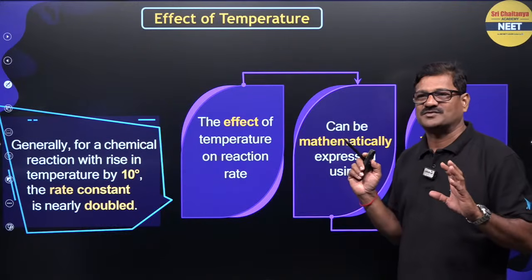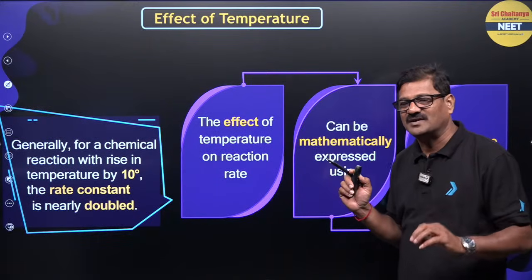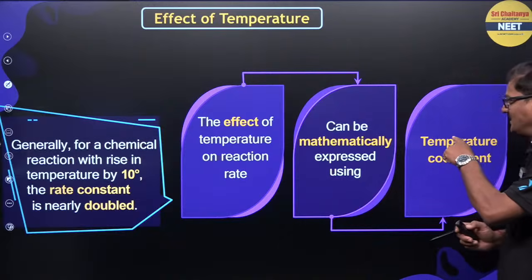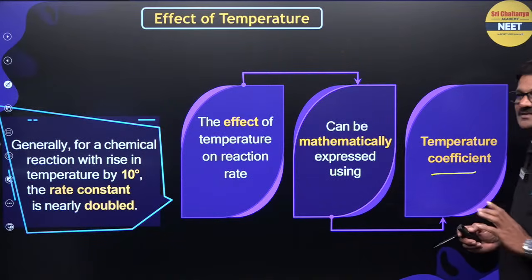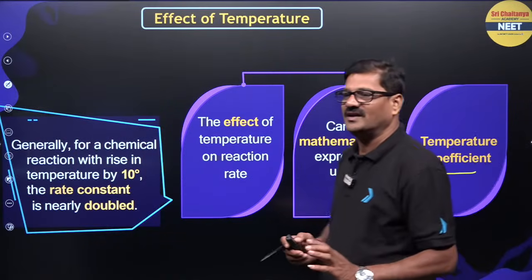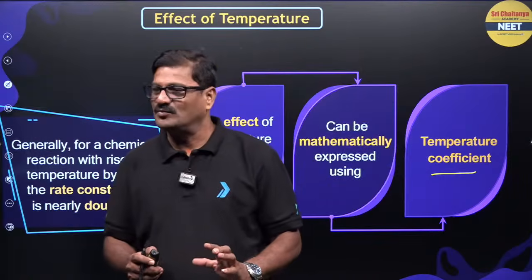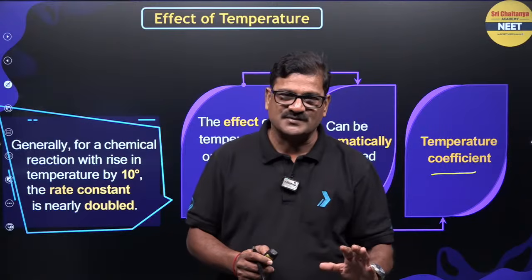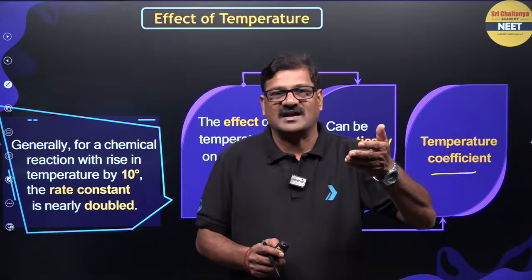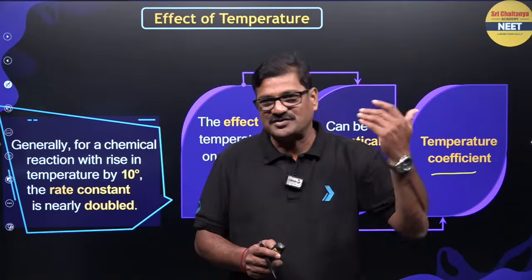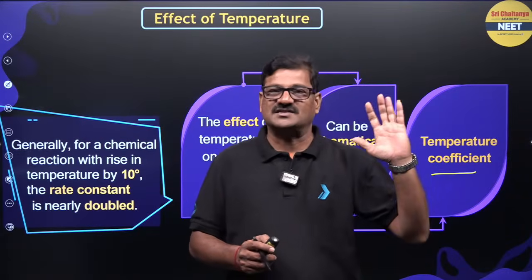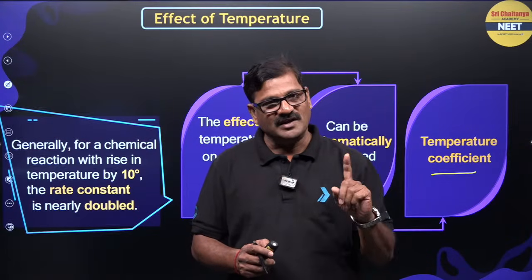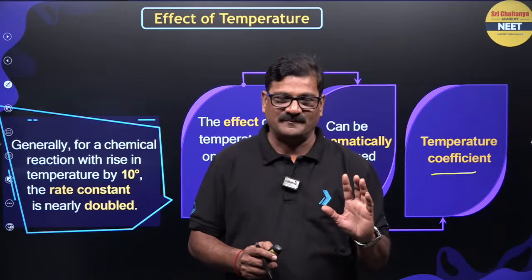So the effect of temperature on the rate of reaction can be mathematically determined by the temperature coefficient. That's very, very, very important. For most of the reactions we need to activate the reactant. So as the temperature is increased, the rate of reaction generally increases, let it be exothermic or endothermic.